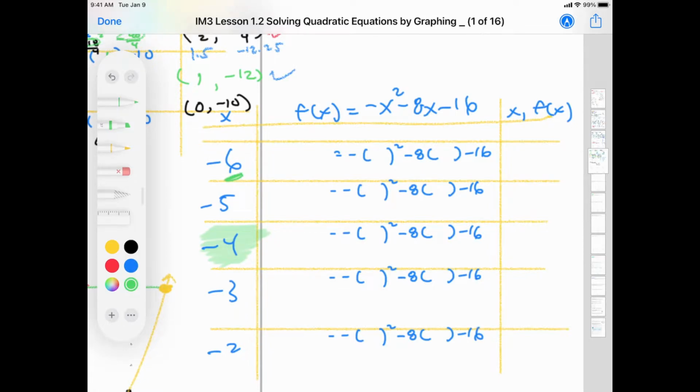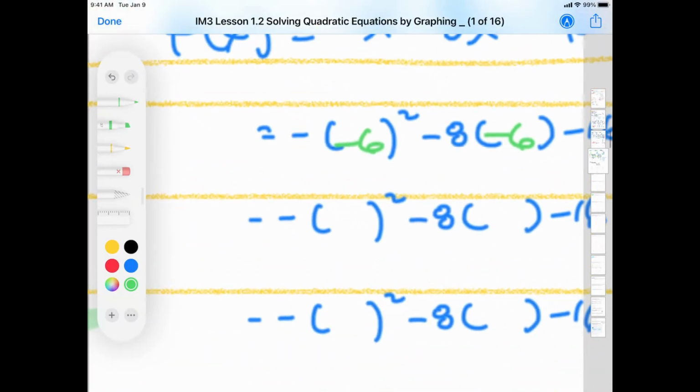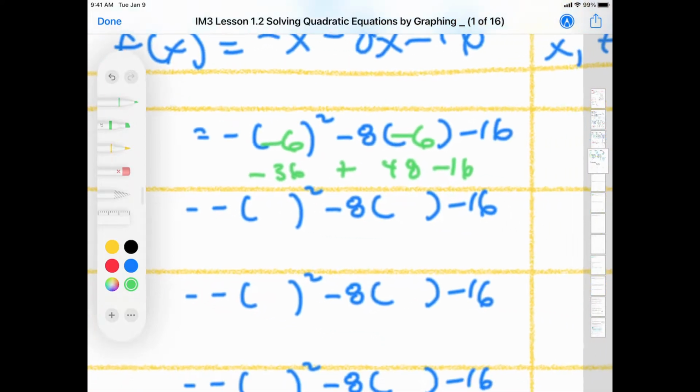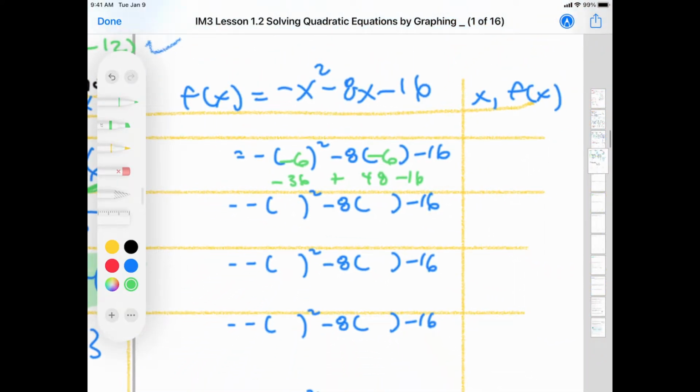All right, here we go. -6. If numbers get too big, feel free to use a calculator. This will become -6 squared is positive 36, -36, positive 48, minus 16. That's going to give me -28. So -6, comma, -28.